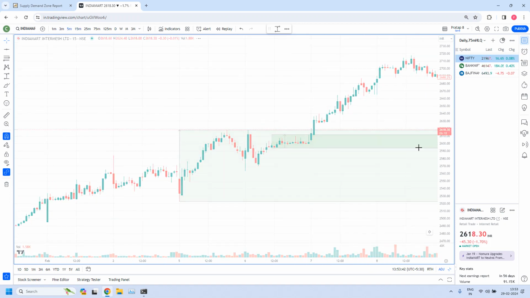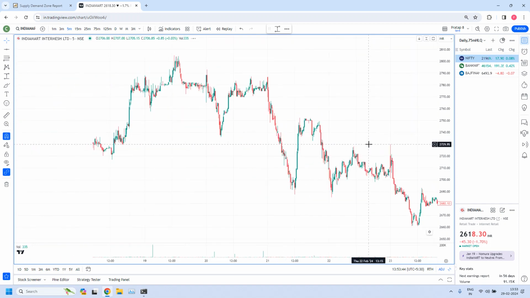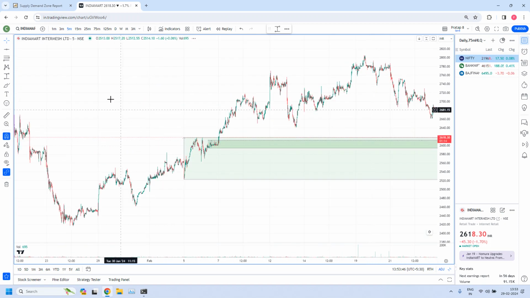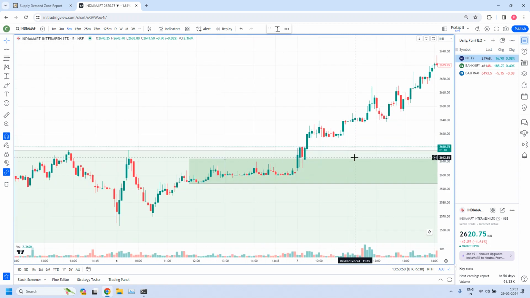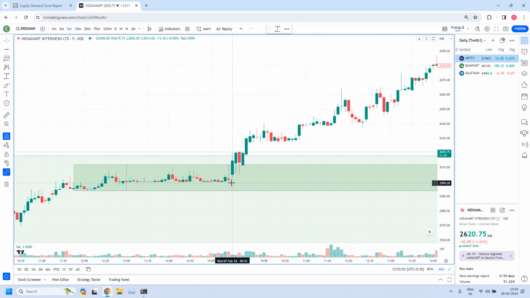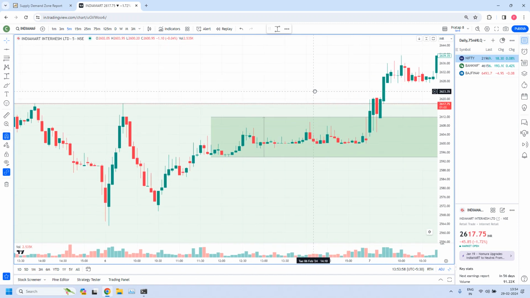Even look into the 5 minutes. The 5-minute structure is also not good. Look into all these candles, base candles, small candles.